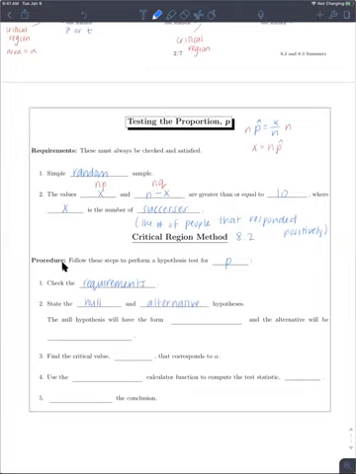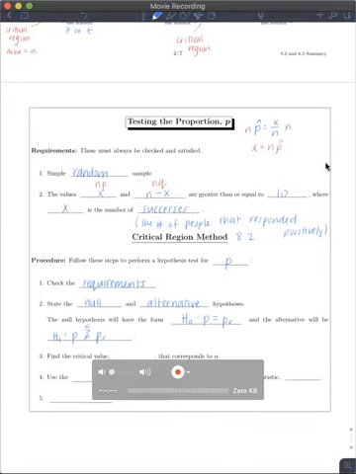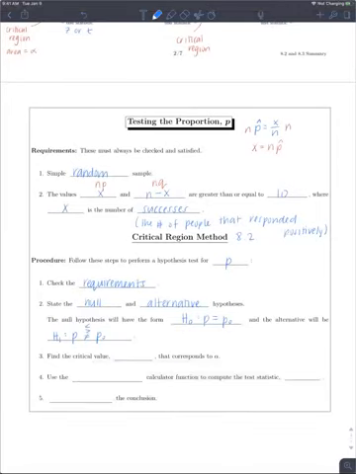The null hypothesis is H naught: P is equal to P naught. That's what your calculator asks for, P naught. And then your alternative, H1: P, and here you can have less than, greater than, or not equal to P naught. You have to choose one of these.